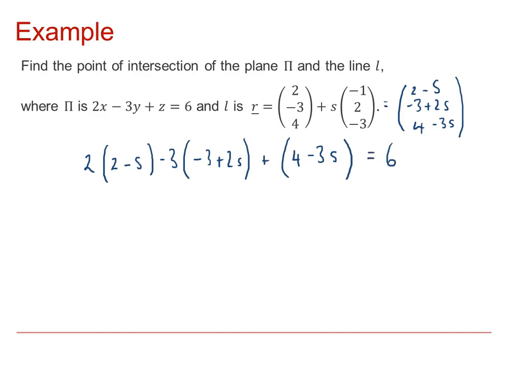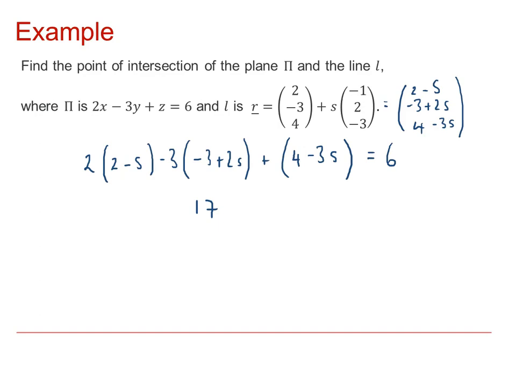So those values of x, y and z must satisfy the equation of the plane for the particular value of s that we need. Now if you work out all of that, we find that there's a total of 17 as a number term on the left hand side. So 4 from the first bracket, 9 from the second bracket, and 4 from the last bracket.